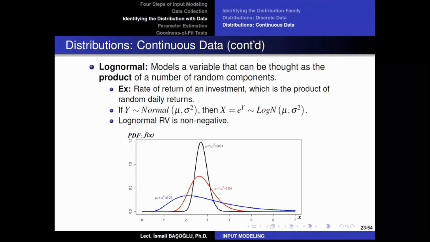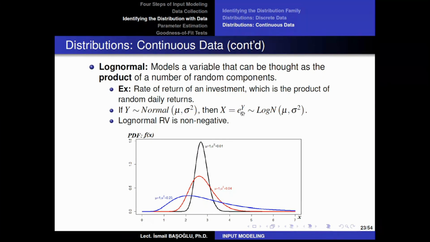So if you consecutively multiply a value with random factors which either increase or decrease the value of the product, then in the end, the rate of return is going to be the product of these factors. By the way, a log normal random variable is non-negative.